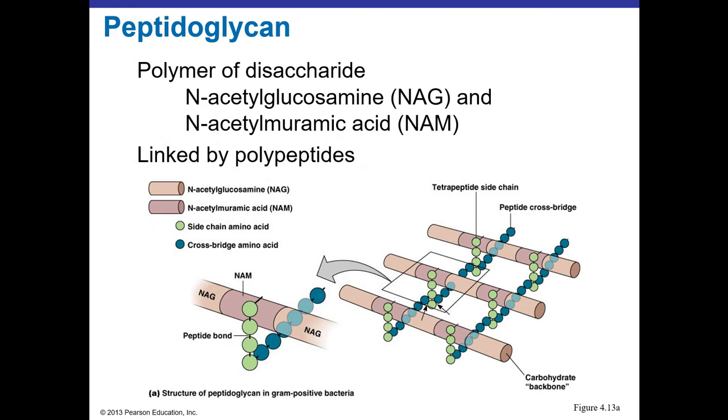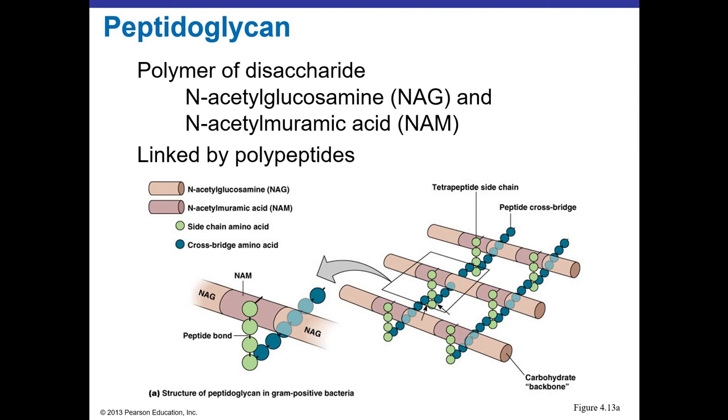So the peptidoglycan of the bacteria is actually a polymer of two sugars. So it's a polymer of disaccharide. The two are N-acetylglucosamine, NAG, and N-acetylmuramic acid, NAM. Those link together to form the carbohydrate backbone. So it's kind of like the beams of the cell wall.